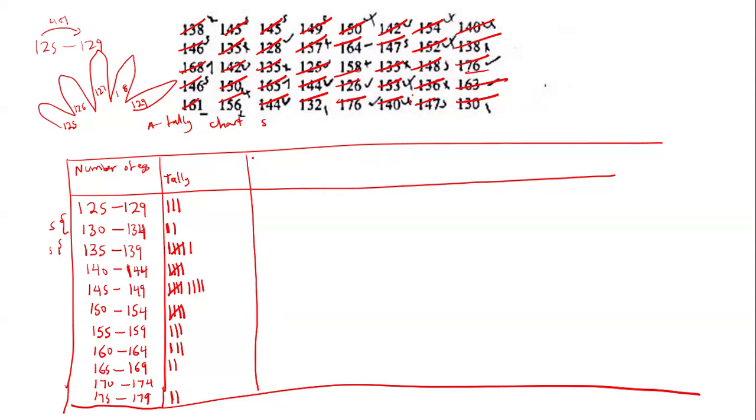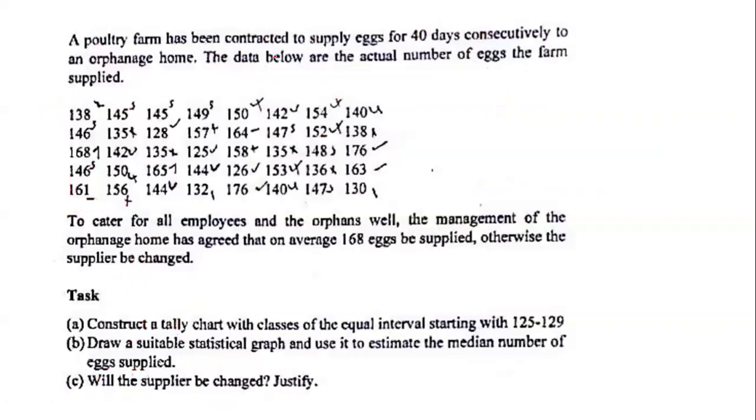Members, which word are we going to use? The problem says a person supplies eggs for 40 days consecutively to an orphanage home.